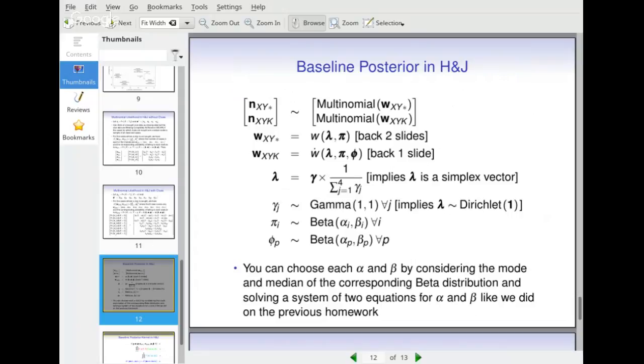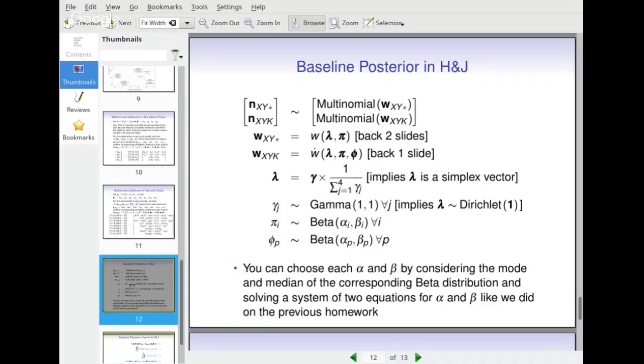Okay, so that covers the w's, the lambdas, and the gammas. All that leaves us are the pi's, which is the probability that x equals 1 conditional on your type, and the phi's, which is the probability that k equals 1 conditional on the country's type and the country's value of x. So there's 4 pi's and 8 phi's. And each of those has an independent beta prior in the baseline model.